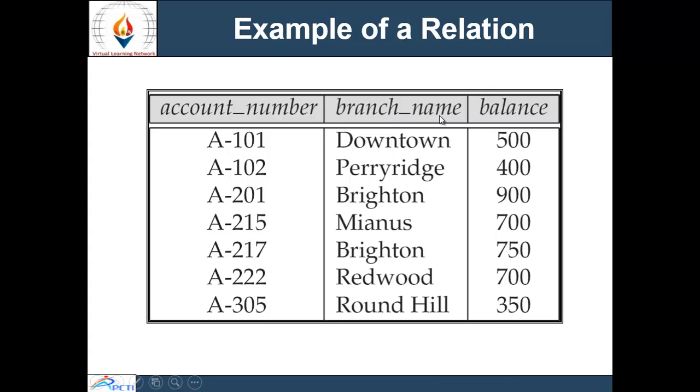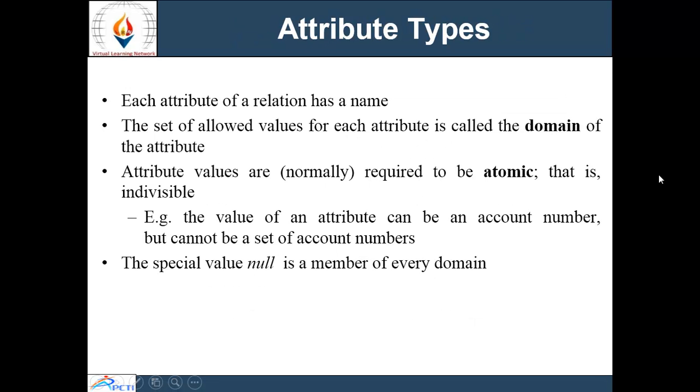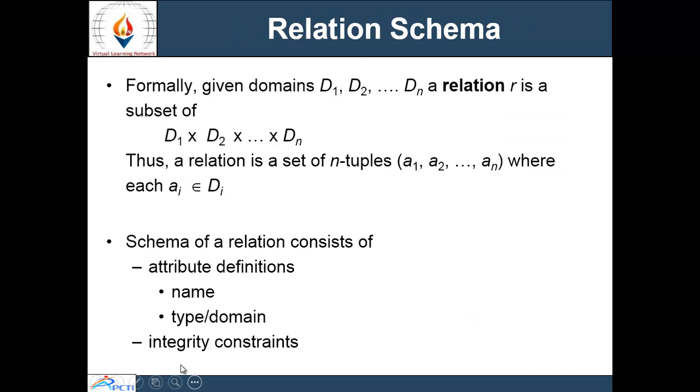The second attribute is branch name, which contains information in text only. The third attribute is balance, and the type of this attribute is numbers. Then integrity constraints. The second part of schema is integrity constraints, meaning different checks or constraints that you can apply on a particular relational schema or structure.